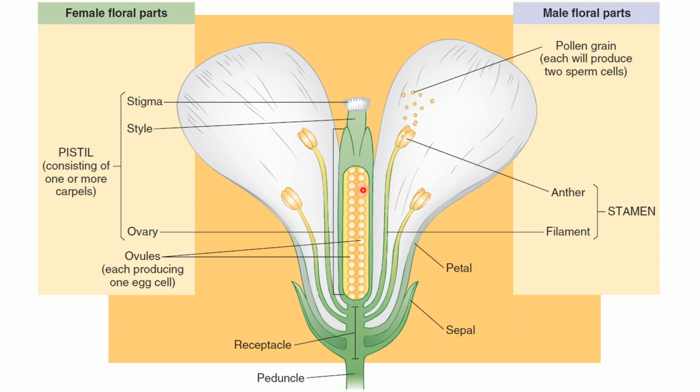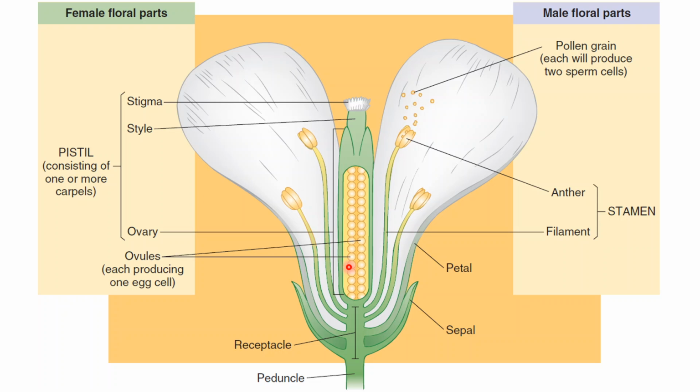Ovary is a jug-like structure that contains one or more ovules. So these are ovules. These small round ones are ovules, and each of them can develop into fruit.